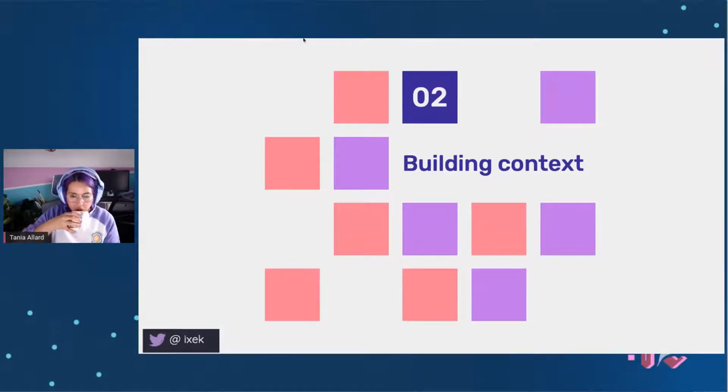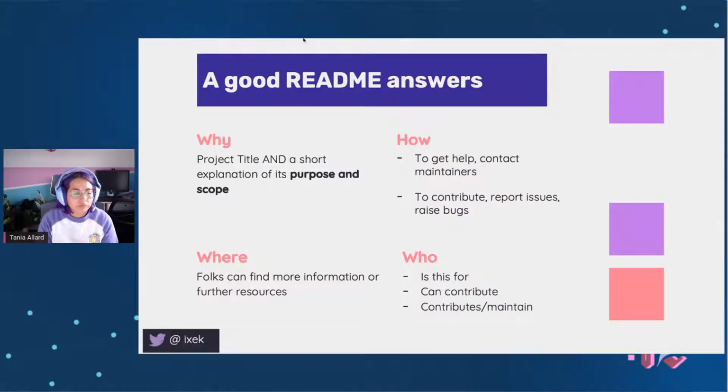So if we want to not only tell our users or our contributors or community members where they are, but also lay the many paths they can take to belong or reintegrate to the community, we have to build and provide context. And we do that through the README again.